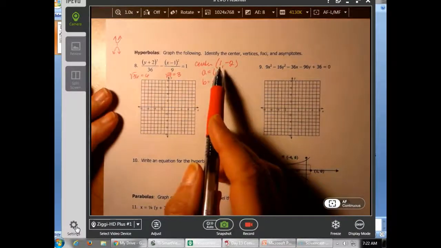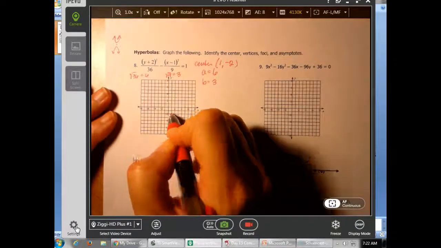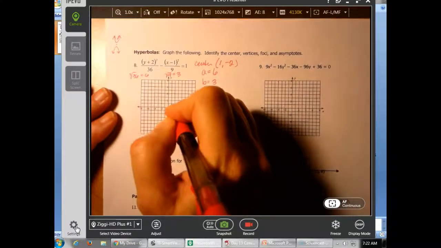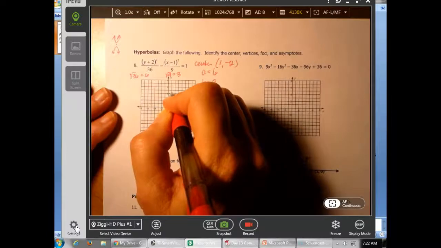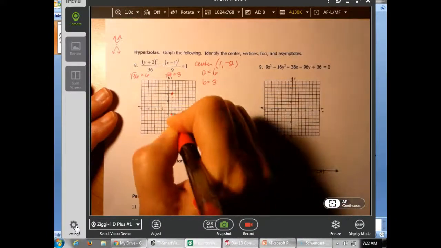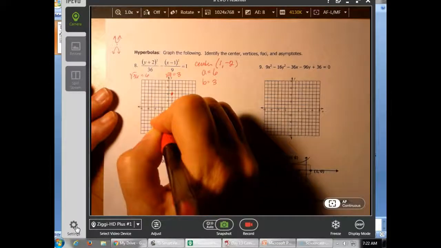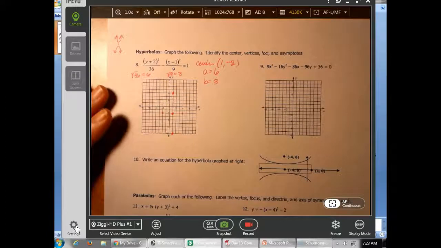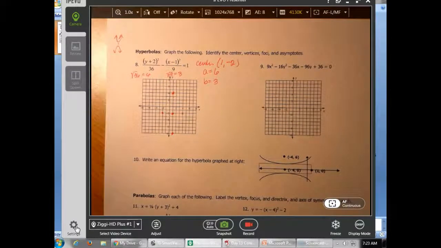Okay, so we have our center, 1, -2, so let's go and sketch that in place. We know we're going 6 up and 6 down. We're going 3 to the right and 3 to the left. Now, I want to point something out. At this point, it's kind of like we just did an ellipse, but we're not.